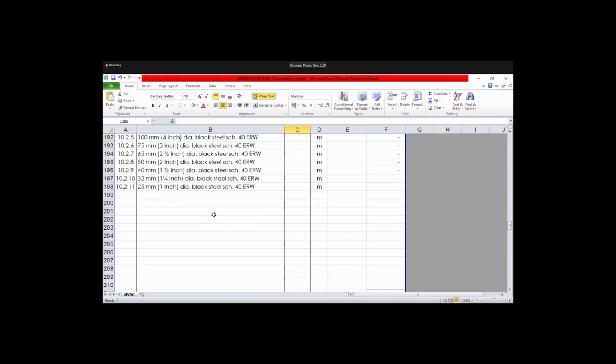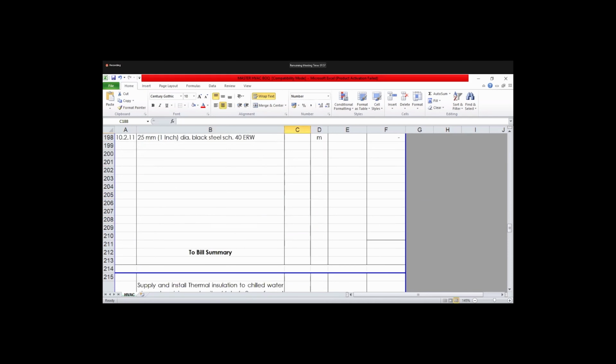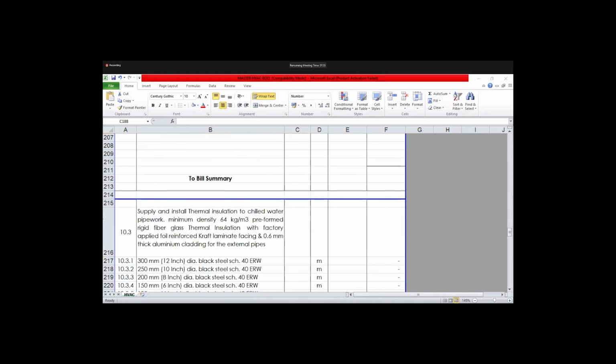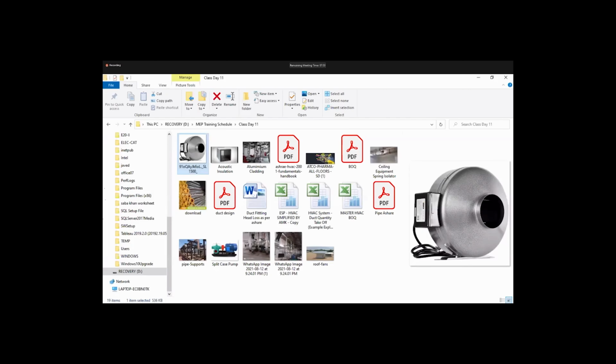And the thermal insulation will be provided on the pipe, along with pipe support.